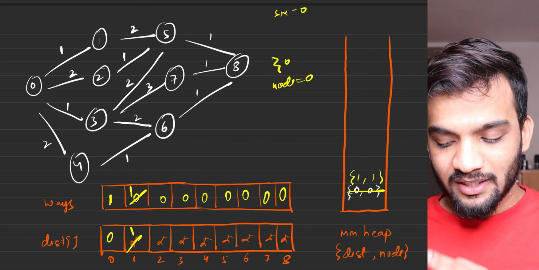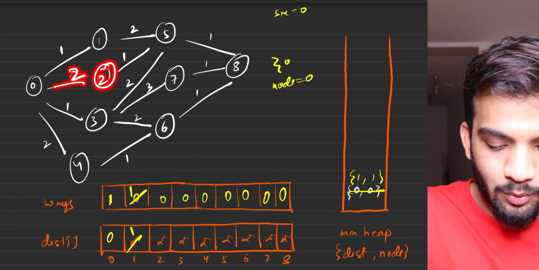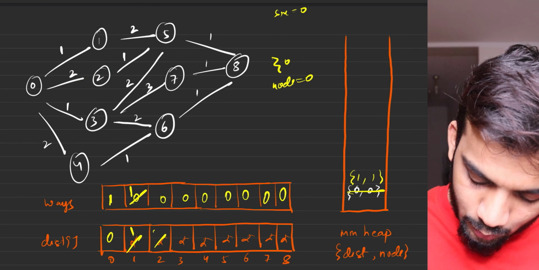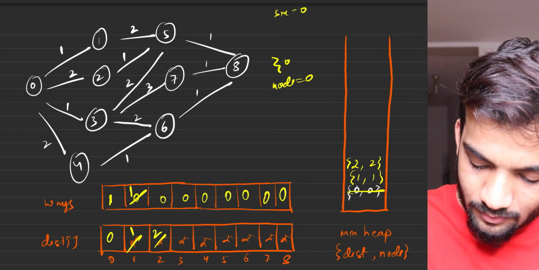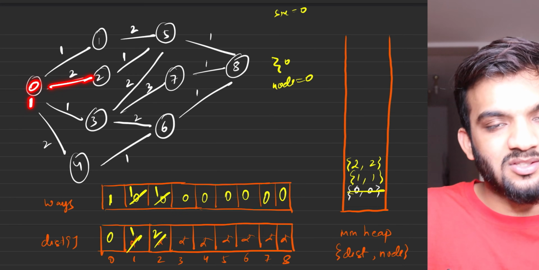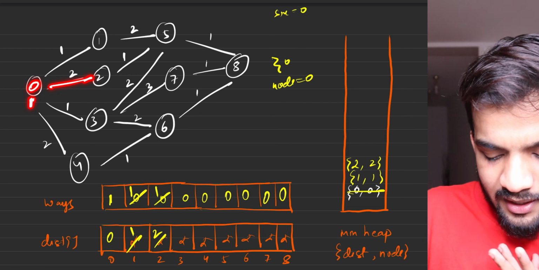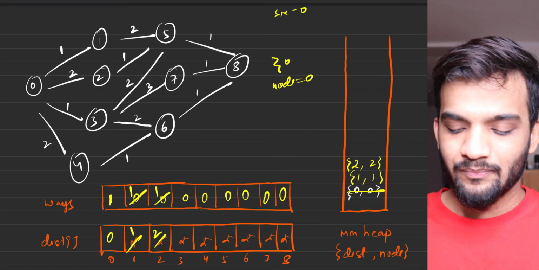Fine, I've updated everything. Now, can I go to 2? I can. And the distance will be 2. So go and update that to 2. I can go with a distance of 2 to 2. And the ways will be 1. Because from 0 to reach 0, there was one way. And if you're going via this, it's just one way to reach here, right?